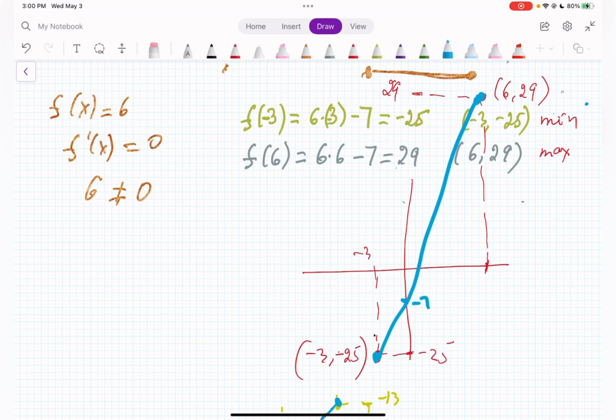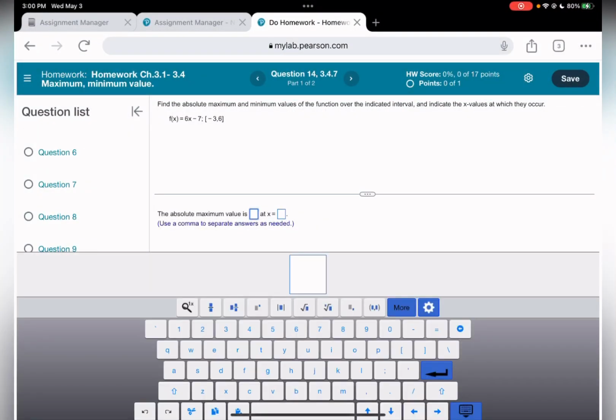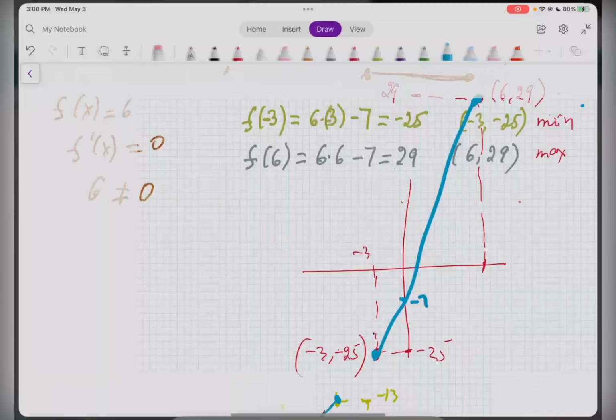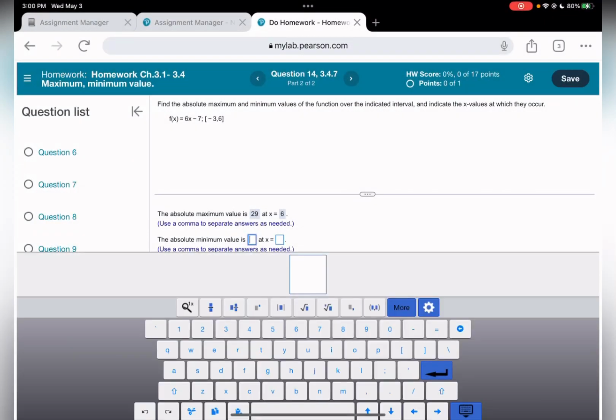Okay, so let's place the answer. 6 and 29 is our max. So 29 at the point of 6. Fantastic. And the other one we have is negative 3, negative 25. Since it's asking for the absolute minimum value, it is negative 25, and this is at negative 3.